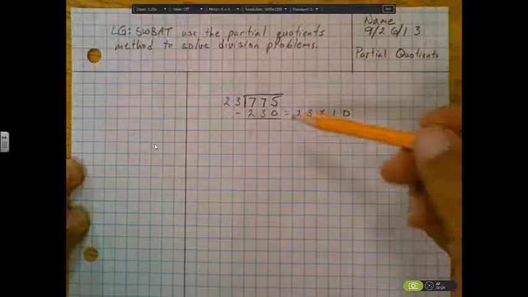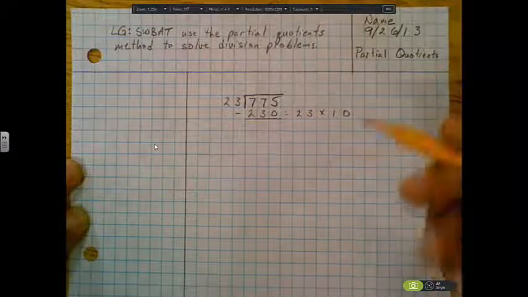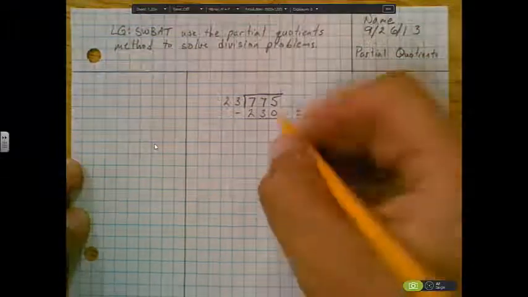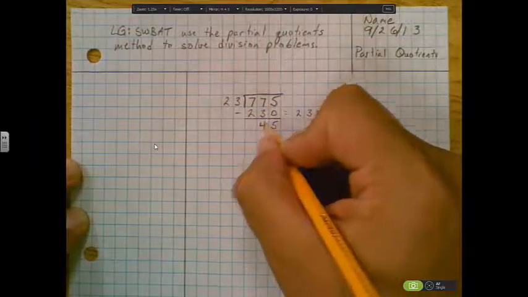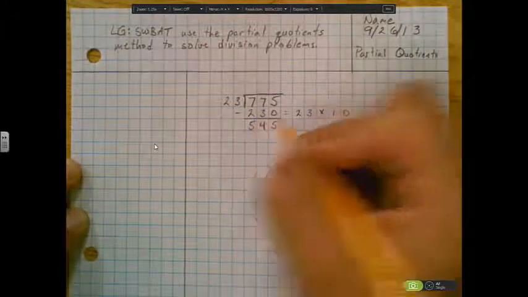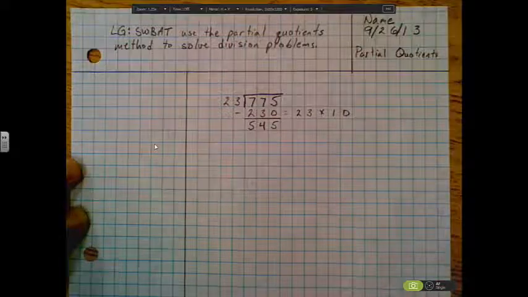Because what we're going to do is we're going to take away these multiples of 23 until we get our final answer. So we subtract, we get 5 minus 0 is 5, 7 minus 3 is 4, and 7 minus 2 is 5. Well, that made our number a little bit smaller, but it's not small enough yet.